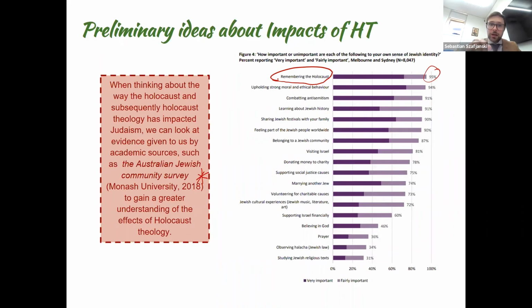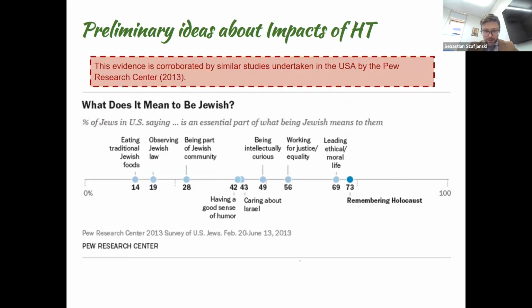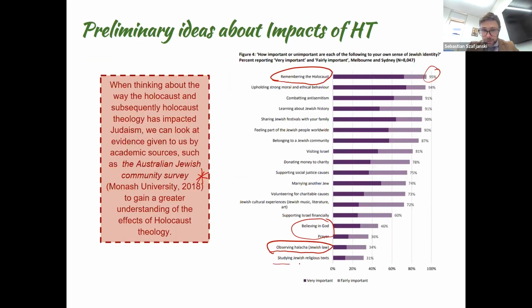You've then got upholding strong moral and ethical behavior. And as we go down, you see that prayer, believing in God, is in the lower section. So we've seen a change in the demography of Judaism already. Observing the Holocaust comes in at 34%. What was once central to Jewish life, the study of Jewish religious texts, is at 31%.